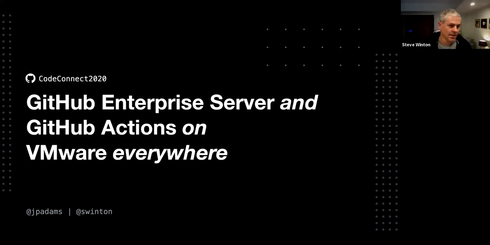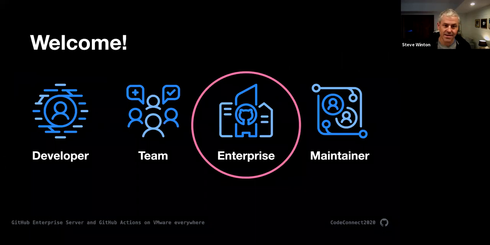Cool. Thanks, Jeremy. So the title of this session is GitHub Enterprise Server and GitHub Actions on VMware everywhere. Hopefully that will be a lot clearer by the end of the next 30 minutes. We've got quite a lot to get through. So let's jump in.